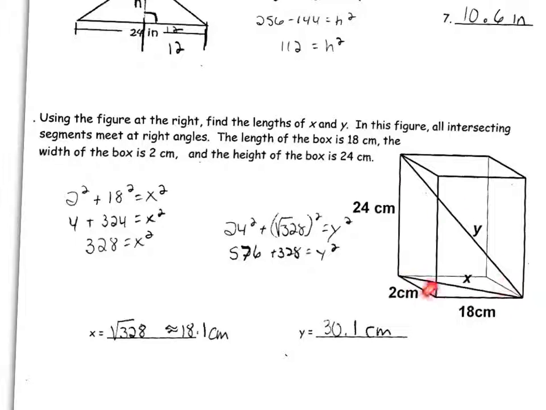So make sure you understand that you needed to find x by taking these legs and finding x, and then to find y, you take this leg, and what you have is x as your other leg.